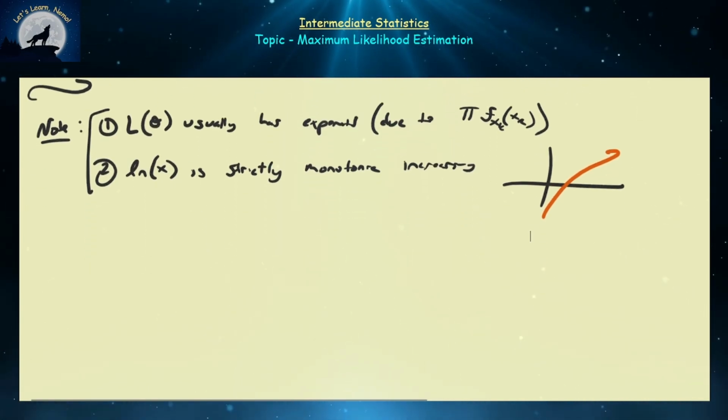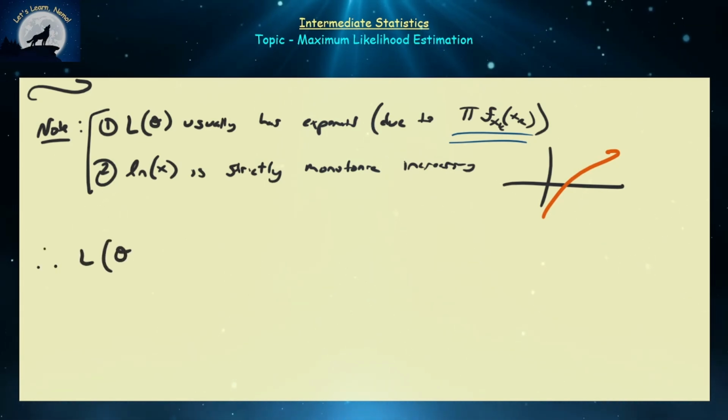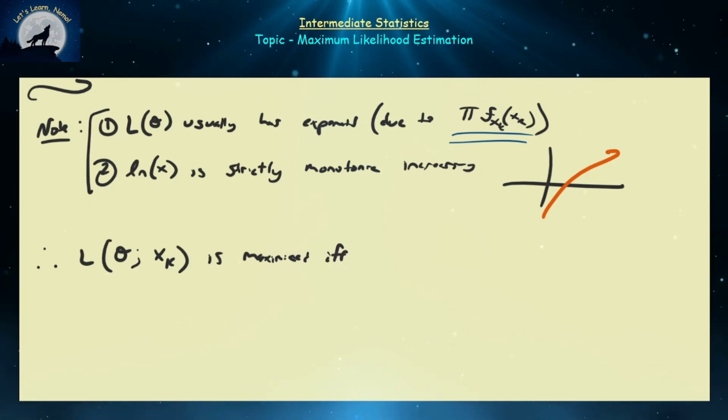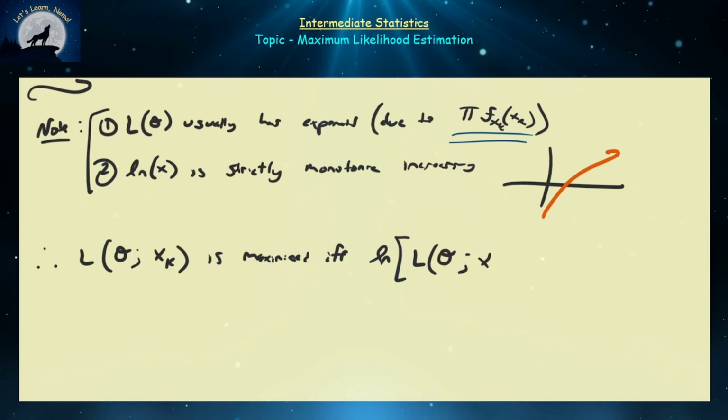Under these three things, because natural logs turn products into sums, and the natural log is strictly monotonic, and we want to maximize the likelihood function, L(theta; xk) is maximized if and only if the natural log of the likelihood function is maximized.